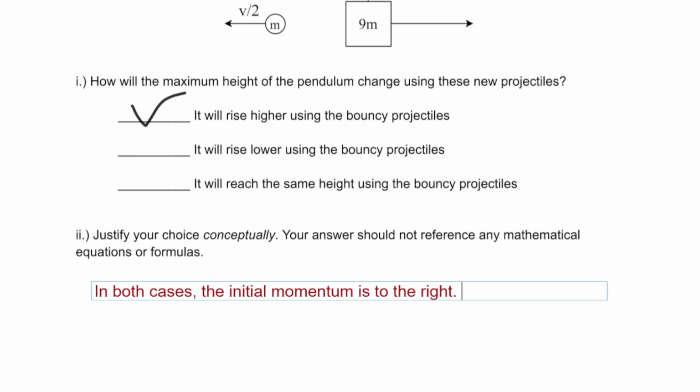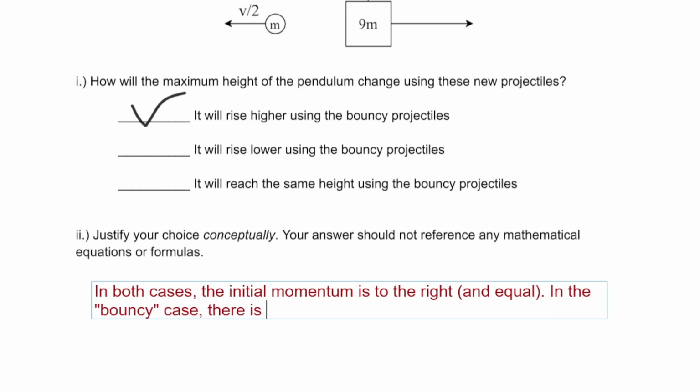In both cases, the initial momentum is to the right and equal. In the bouncy case, there is leftward momentum introduced after the collision.